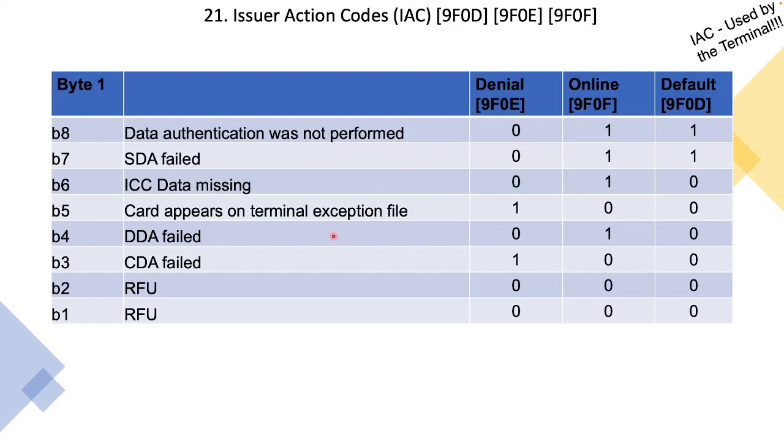Now, obviously, cards will support either SDA or DDA or CDA, so you would never really have action codes set up for all three. If the card was a CDA card, you generally have your action codes for CDA, and for the irrelevant ones like DDA and SDA, you just leave them as all zeros.